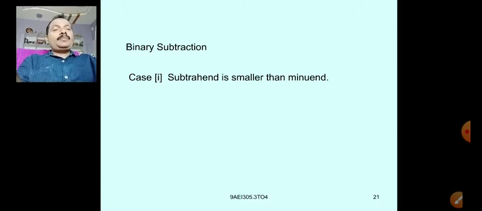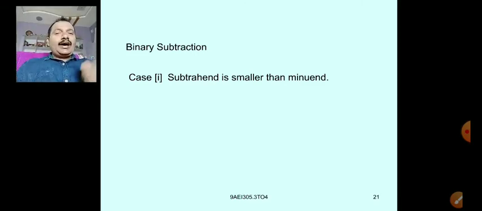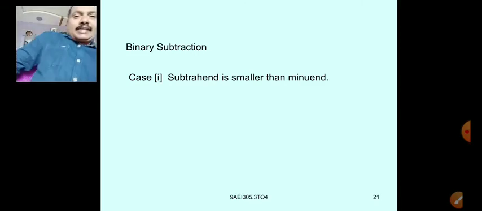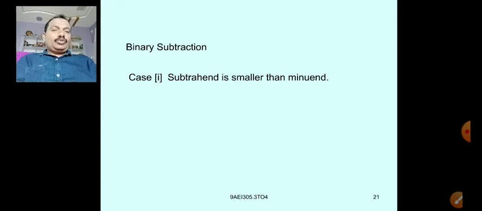Not only the 2's complement method, you can use the 1's complement method also. But the mostly used method is the 2's complement method of subtraction. That means we are utilizing the addition process to do subtraction, that is the 2's complement subtraction of binary numbers.